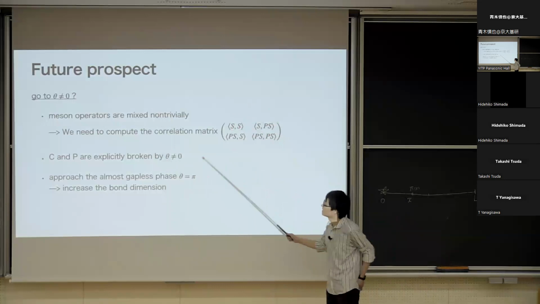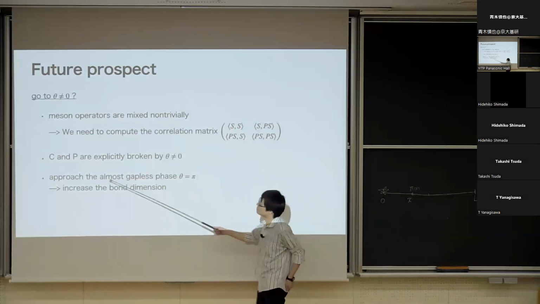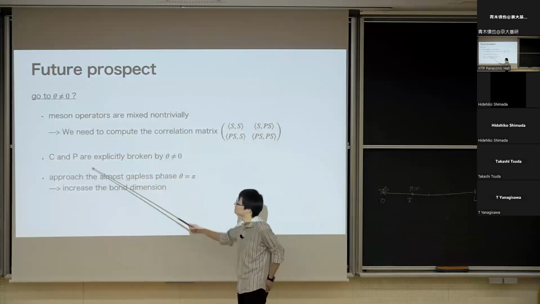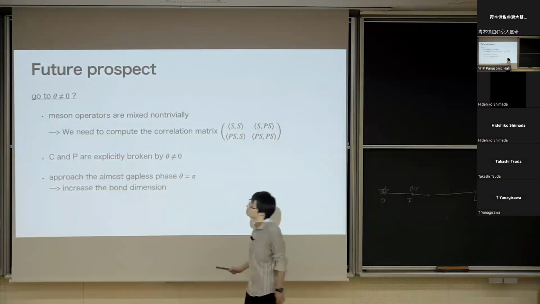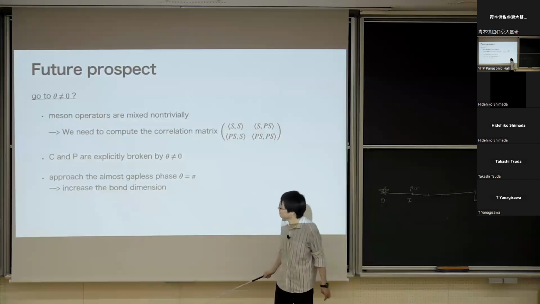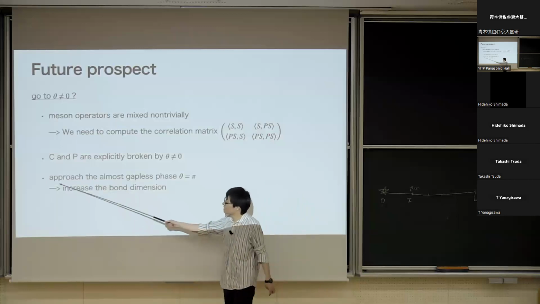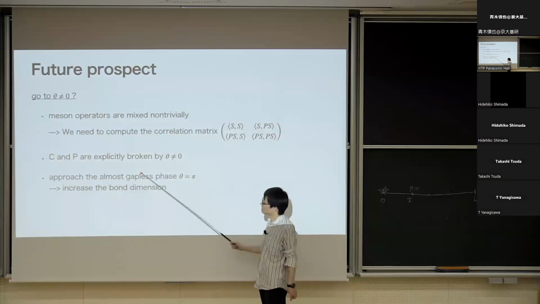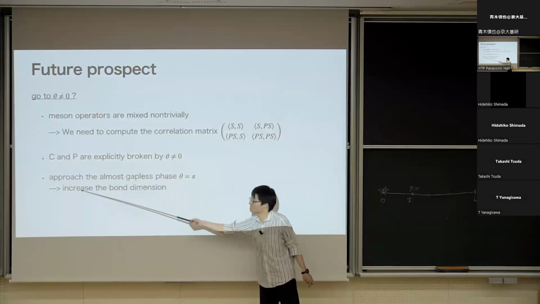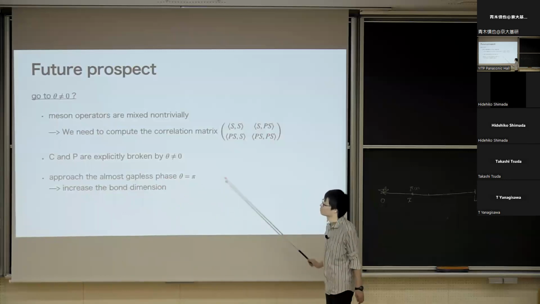And also, at non-zero theta, the theta term explicitly breaks charge conjugation and parity, so they cannot be good quantum numbers in that case. And also, in the tensor network, approaching theta equal pi means approaching a gapless phase, so we have to increase the bond dimension. It's also problematic.